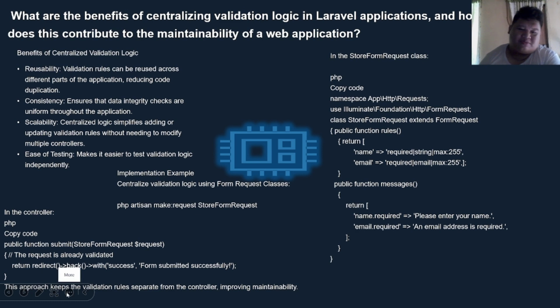This approach keeps the validation rules separate from the controller, improving maintainability. Then, in the store form request class, the form request extends from the request, public function rules. There, as you can see.